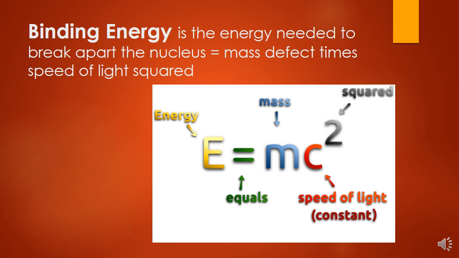If I have a nucleus breaking into 2 smaller atoms, and I add the weight of the smaller atoms and compare it to the weight of the original atom, there's a difference in mass. That's how much energy there is in the binding energy.